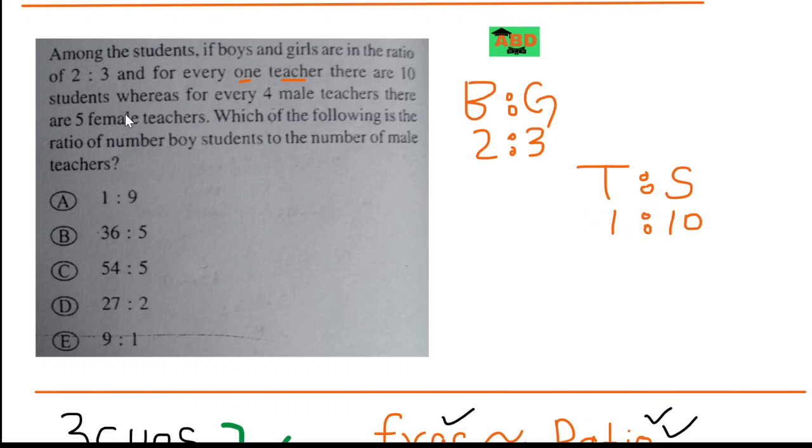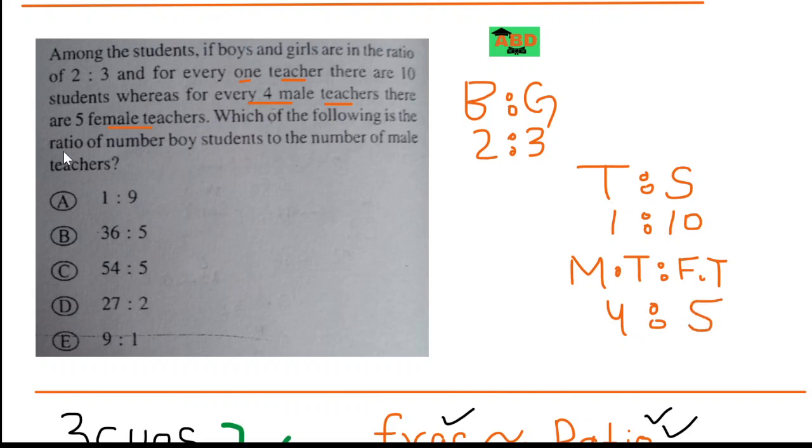And then it says, for every 4 male teachers, now we're into male teachers over, probably, female teachers. The relationship is for every 4 male teachers, there are 5 female teachers.